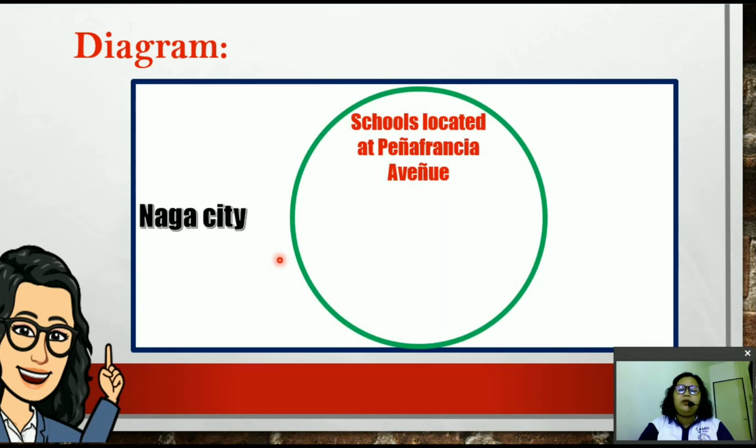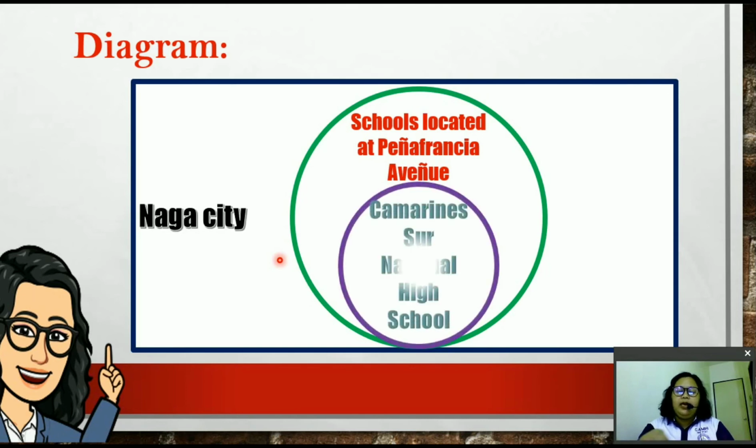What are the schools located at Peña Francia Avenue? We have Naga College Foundation, we have Biscas, then our school, Camarines Sur National High School, and then USI. Therefore, set C will be inside the circle of set B. It would be placed inside the circle where you put schools located at Peña Francia Avenue.